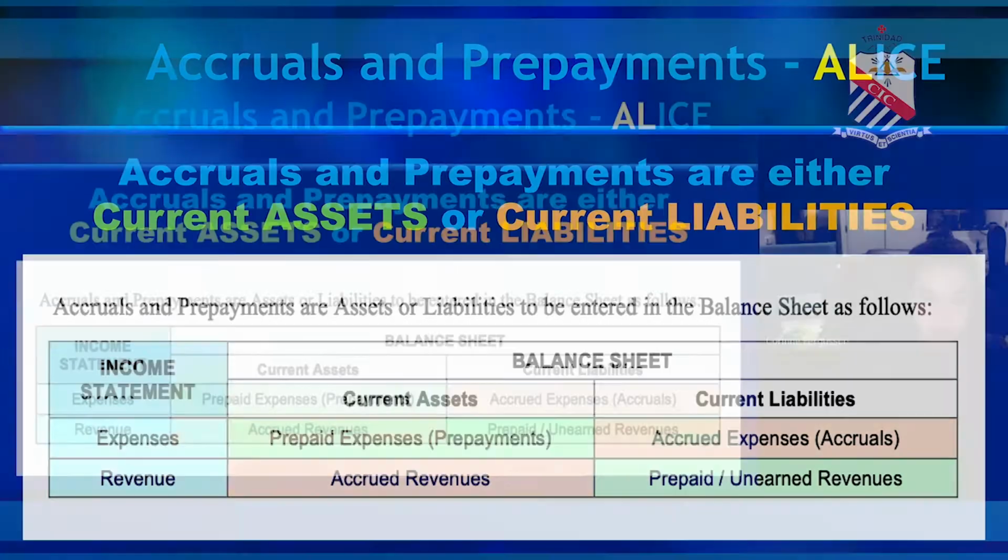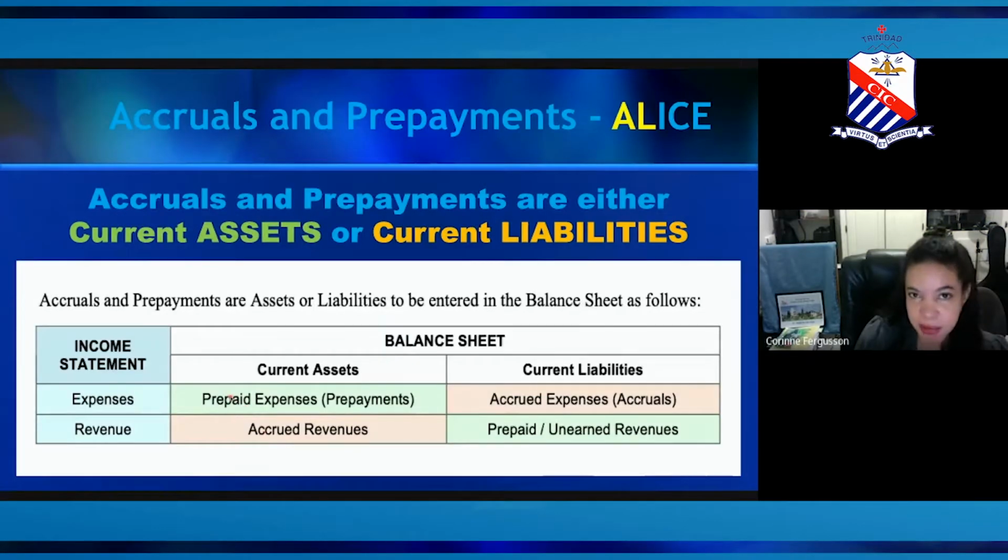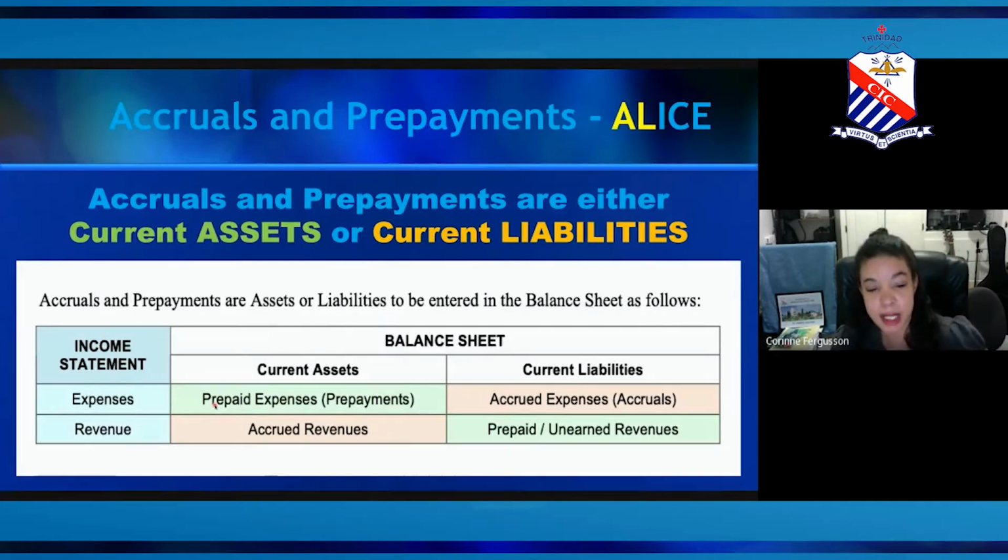Accrued is the opposite of prepaid, and revenue is the opposite of expense. So all you have to memorize is the prepaid expense, since expenses are the most popular, and then you would know that the revenue is the opposite in terms of the balance sheet. So remember that prepaid expenses are current assets, which we're going to explain why in the lesson.